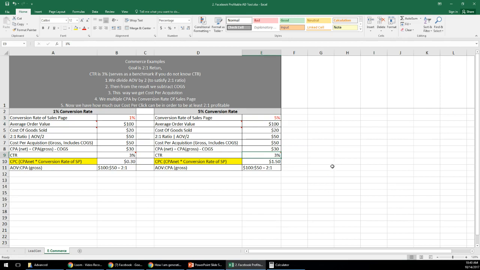This is why it's extremely important for us to know these metrics, because it helps us determine what we need to improve, where we need to concentrate our efforts, and where we are going to get the most ROI. Do we need to do anything with our creative, right? If we're seeing a low click-through ratio, that indicates that our creative is not good. If we see a low conversion rate on our sales page, that indicates that maybe our sales page is not good enough.